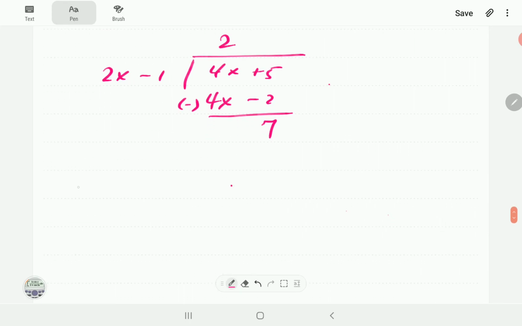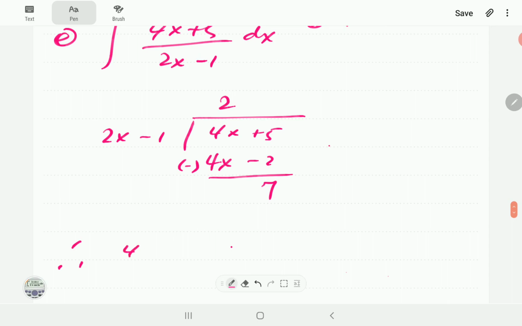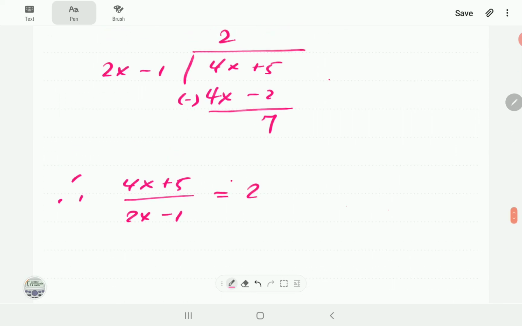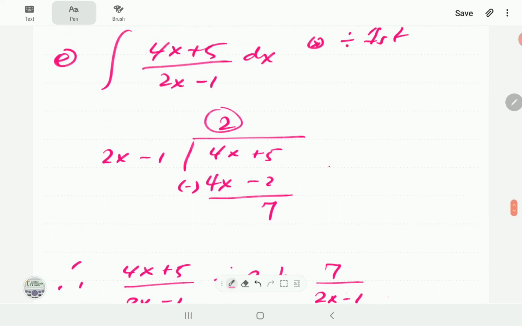So what this is telling us is that the rational expression 4x plus 5 divided by 2x minus 1 is equal to 2, which is the quotient here, and then plus 7 over our divisor. Okay, so integrating this is the same as integrating that.